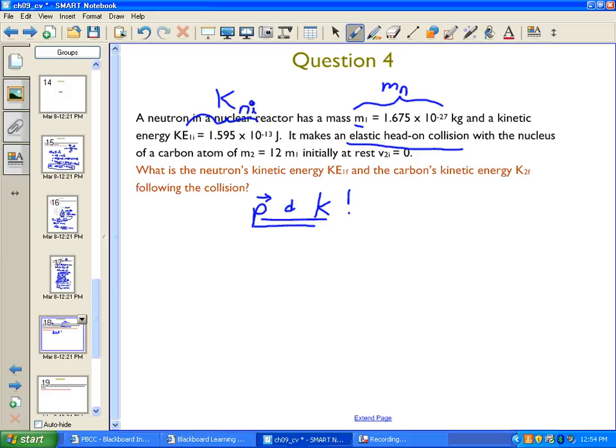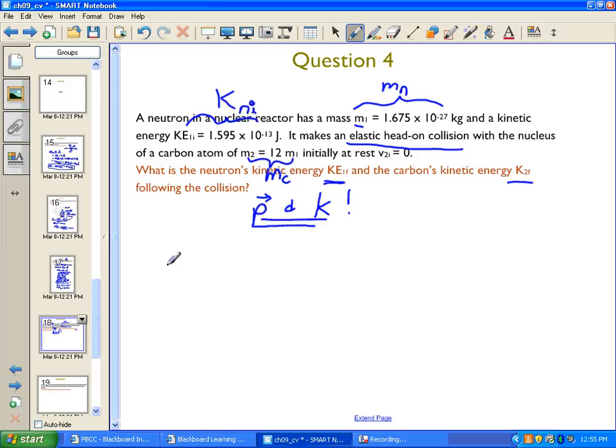All right, so the collision is with the nucleus of a carbon atom, and the carbon atom, they're telling us, is 12 times the mass of the neutron. They're also telling us that the carbon atom is initially at rest. They want us to determine the final kinetic energies of both the neutron and the carbon.